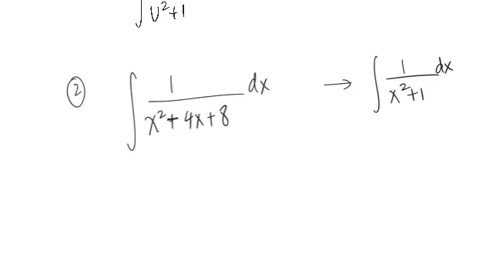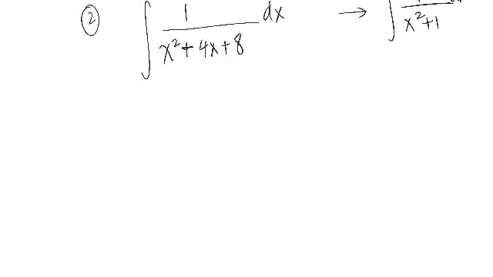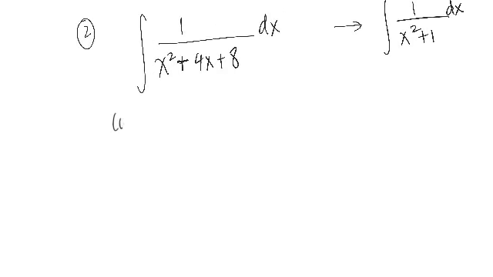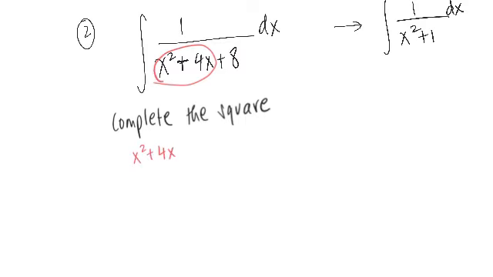So it's going to again involve u substitution, but before the u substitution, we want to complete the square. How do we complete the square on a quadratic? Well, we take the x squared and the x terms, right? So it's x squared plus 4x. This is ax squared plus bx, right? So we want to identify our b, divide it by 2, and square that.